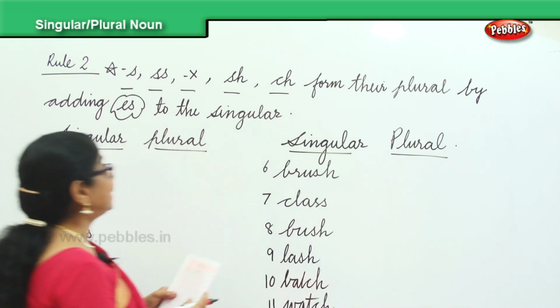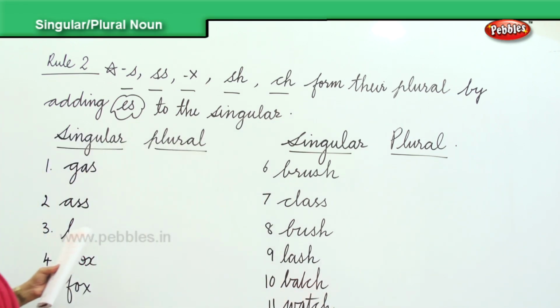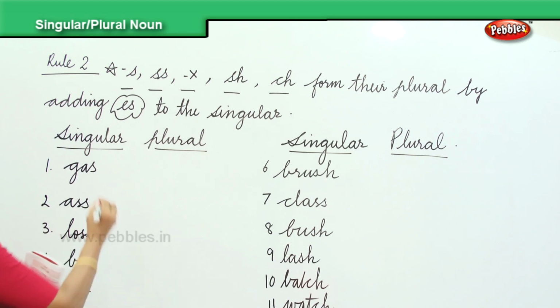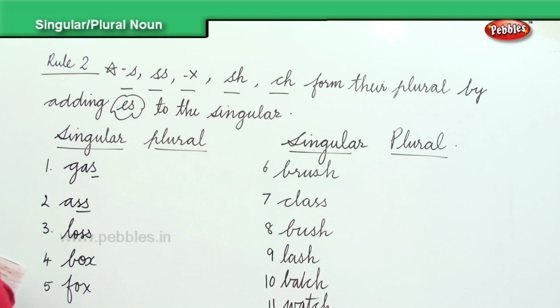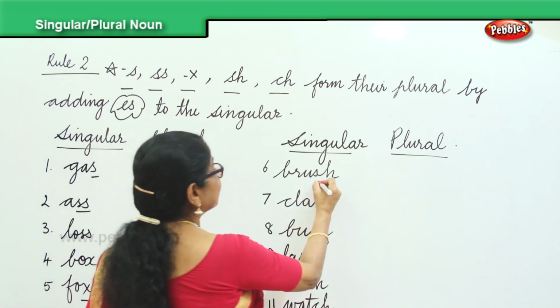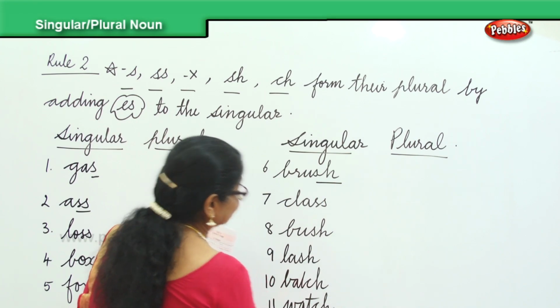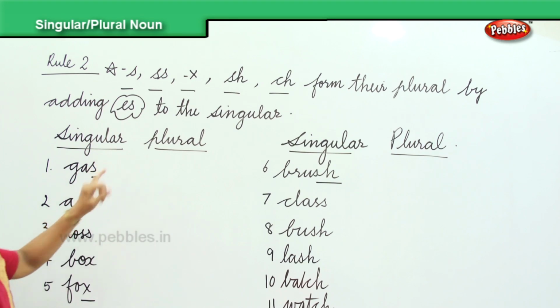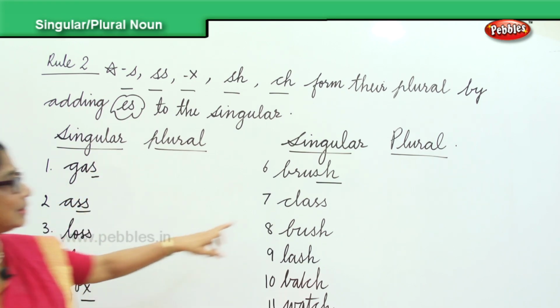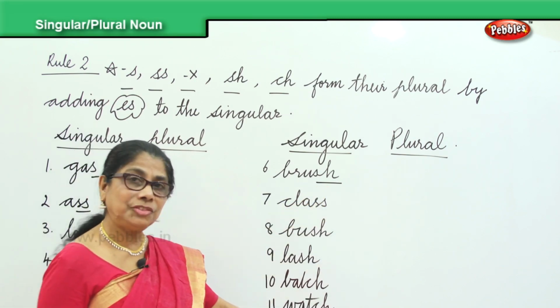Now, we said the singular nouns ending in s, here you have s, double s, x, then you have sh and you have ch. So, you have singular nouns ending in s, ss, x, sh, and ch.